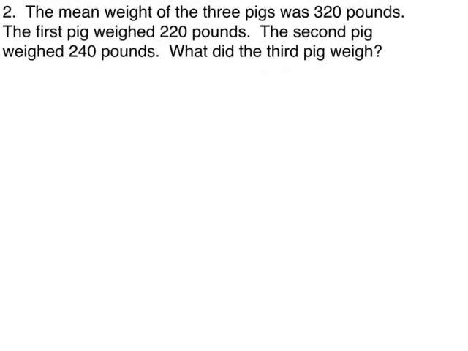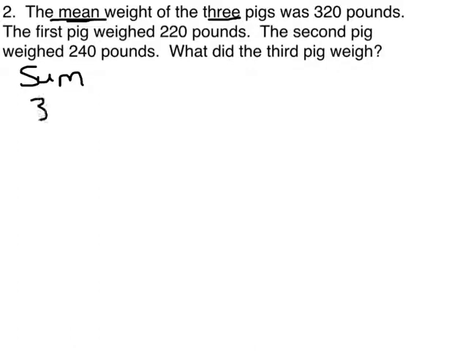Okay, the mean weight of the 3 pigs was 320 pounds. The first pig weighed 220. The second weighed 240. What did the third pig weigh? Now this is the kind of problem that some of you may have been struggling with already. When they give you the mean, that means they've given you the average, and there are 3. So we've got to find the sum of the 3.